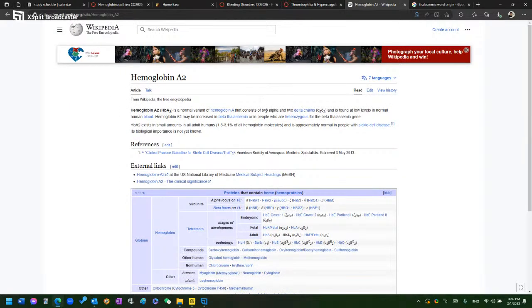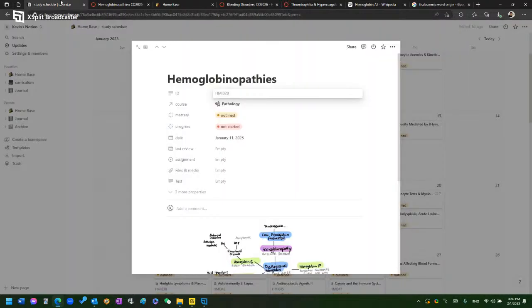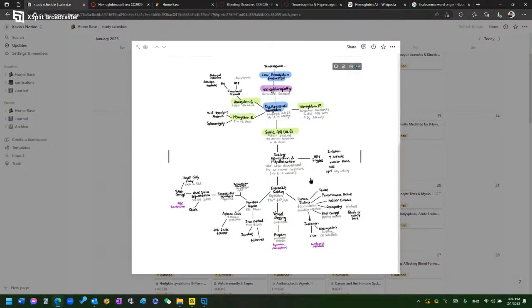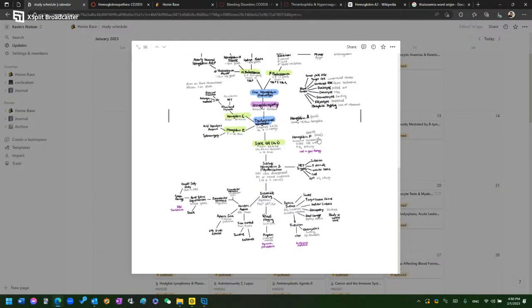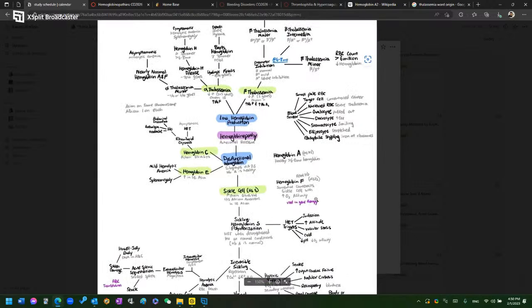Hemoglobin A2, which is alpha 2, delta 2. So if we look over here, it's different. So A is beta 2, A2 is delta 2, which is also in adults, and fetal is gamma 2. Great.